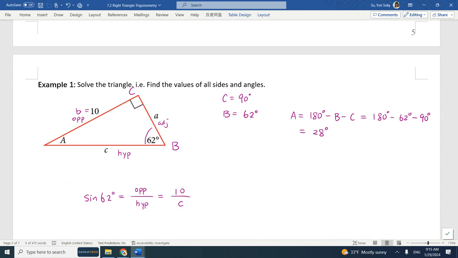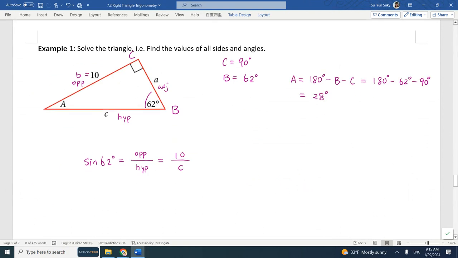Okay, how do we solve for C? We can multiply both sides by C, right? We want to solve for C, so we want to bring it up. So both sides multiply by C. Do you see when we multiply by C, on the right-hand side, the C cancels? Yes, everybody?